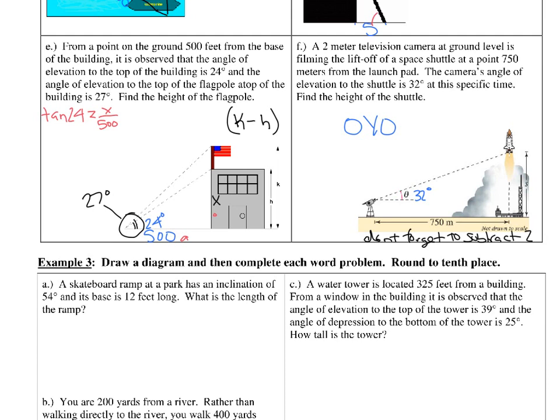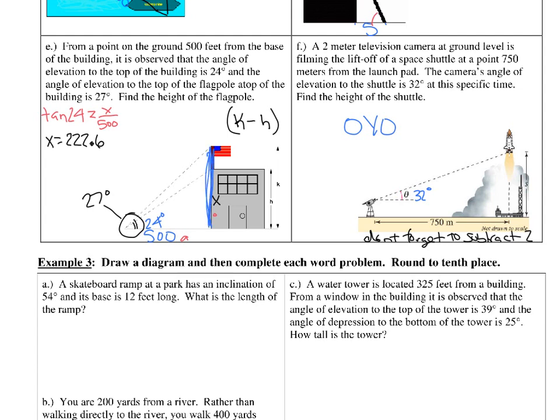So to get x, all we have to do is multiply tangent of 24 times 500, and we get x to be 222.6 feet tall.